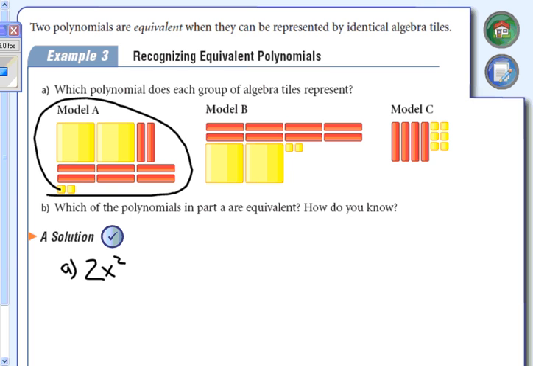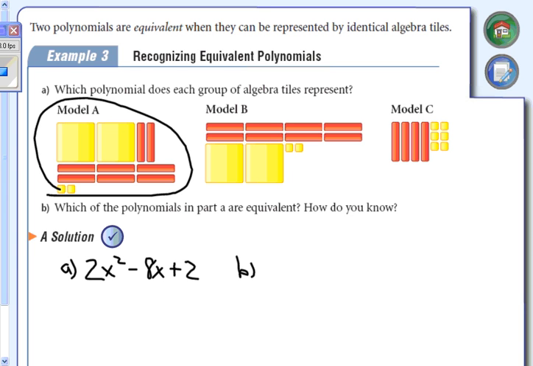We usually use X, because that's what we're used to, but it can be any variable you want. Some of the exercises tell you what variable to use. And then I have 8 negative variable tiles, so that would be negative 8x, and I have 2 positive 1 tiles. So A would be 2x squared minus 8x plus 2. 3 different types of tiles, trinomial.